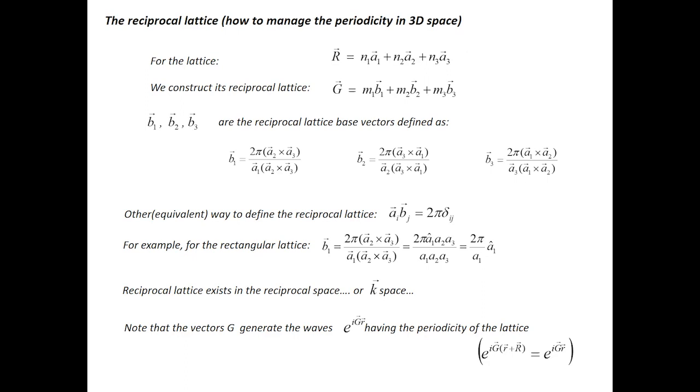Like when you have just one dimension, you know that the wavelength lambda is 2π over k, where k is the length of the wave vector. But it's not that simple in 3D space. You have to figure out the full reciprocal lattice to see this periodicity.